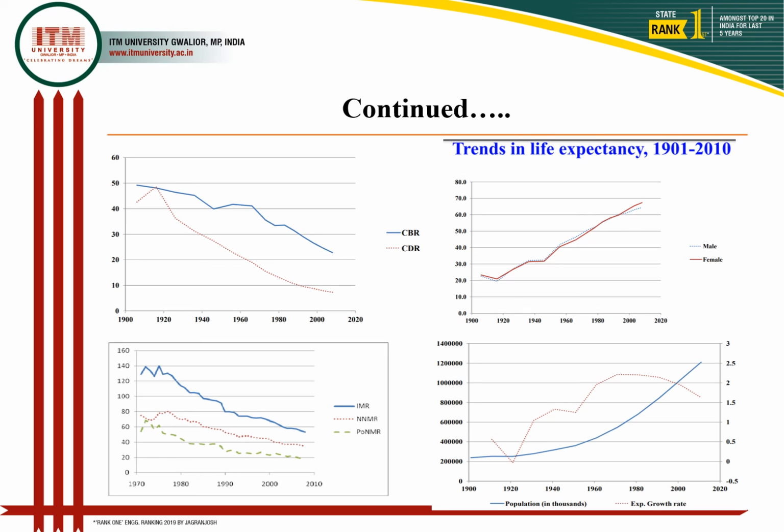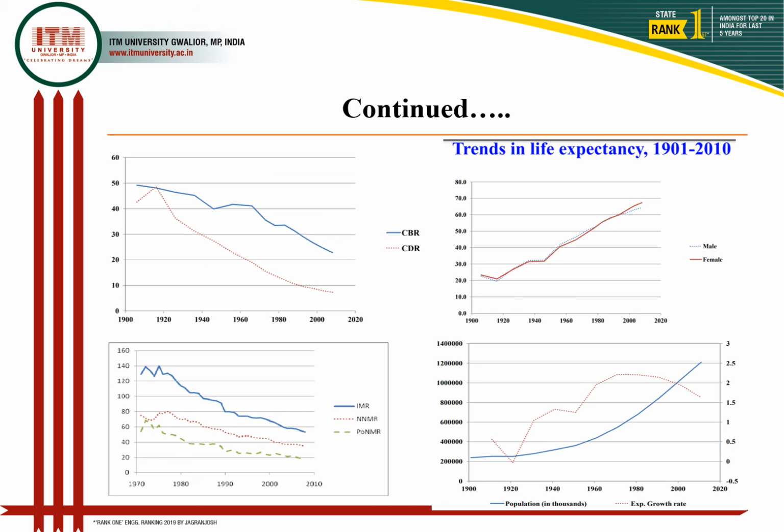If we look at the trends of life expectancy, you can understand that from the 1920s to the current status, it has quite increased for males as well as females, and you will observe a lot of ups and downs.